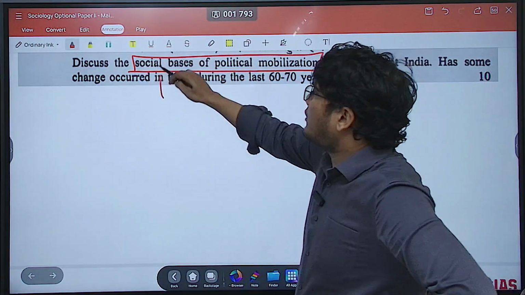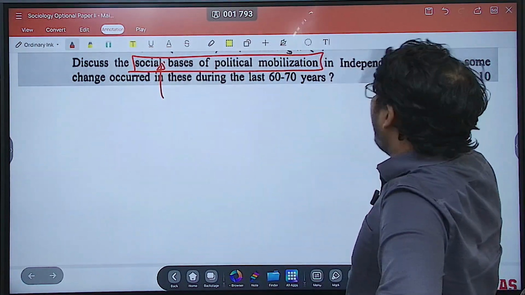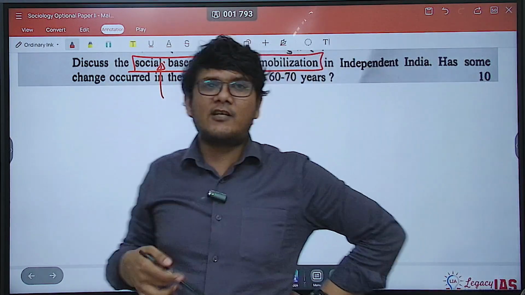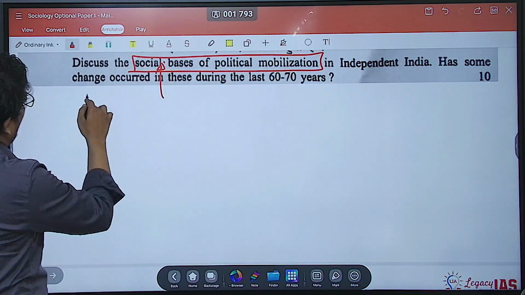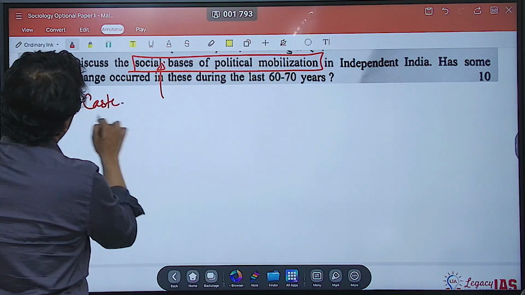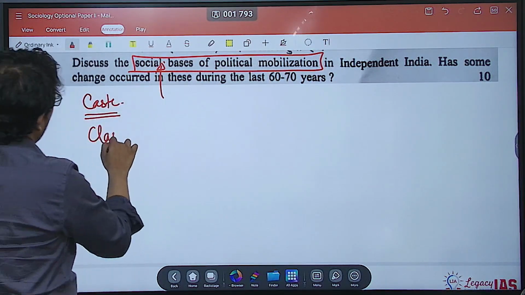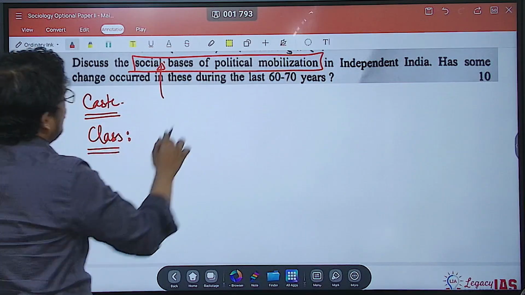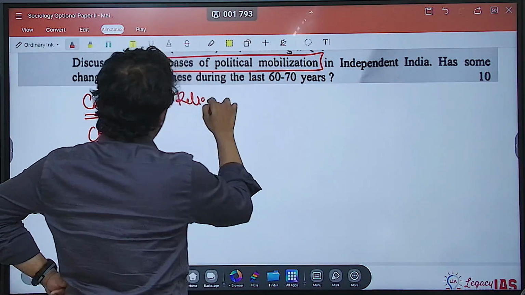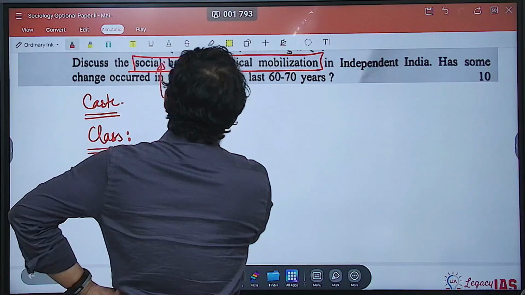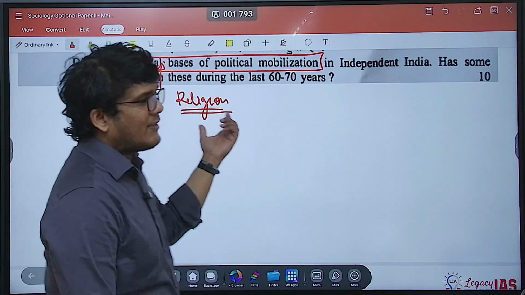What was the social basis of that? Has some changes occurred? So you trace it from the independence. You talk about caste-based mobilization, right? Class-based mobilization. Now you also have religion-based mobilization. Now all this has, see, you may see religion-based mobilization now.